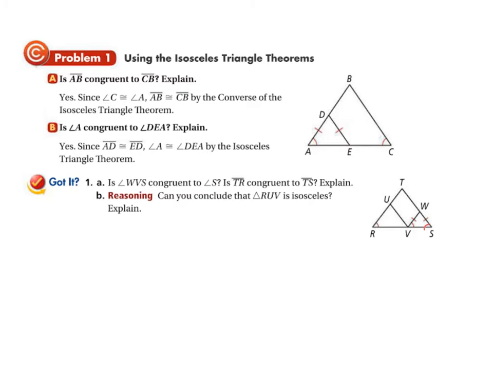Could be coming like this. In which case that would change what this angle and this angle were. And there's no reason for this side to be locked in that particular position. So I'm going to say, no, we cannot conclude that triangle RUV is isosceles, because we don't know anything about this angle, and there's no reason to say that this line couldn't move with the things that we know have to be true. Okay? Hope that makes sense.